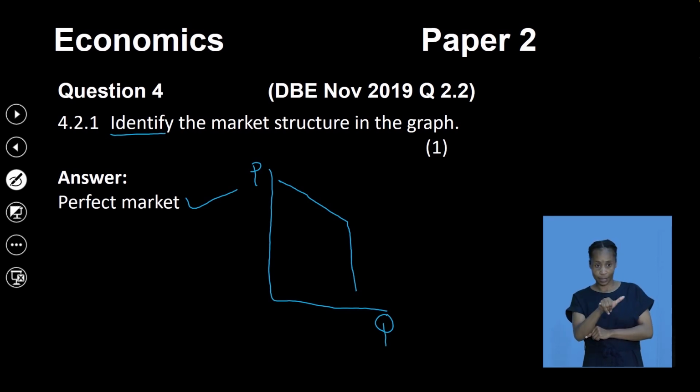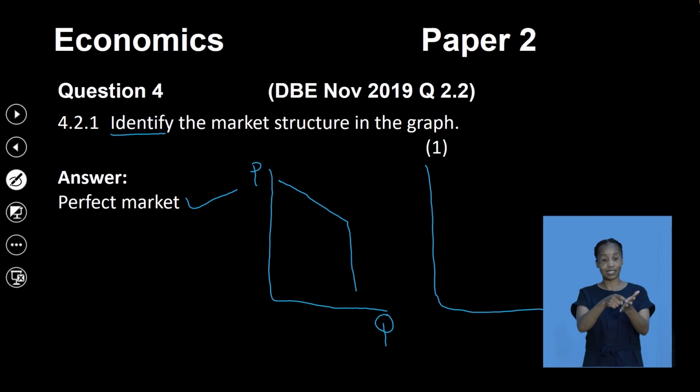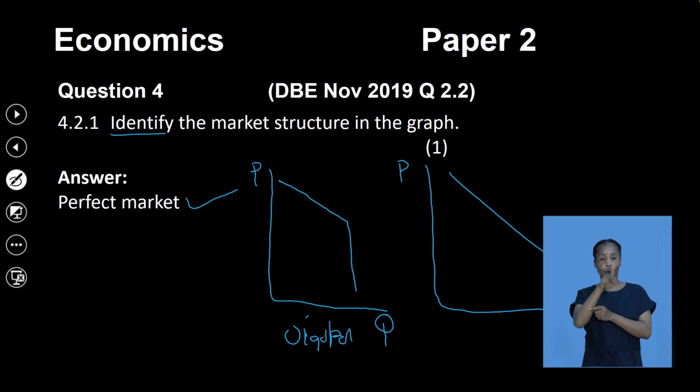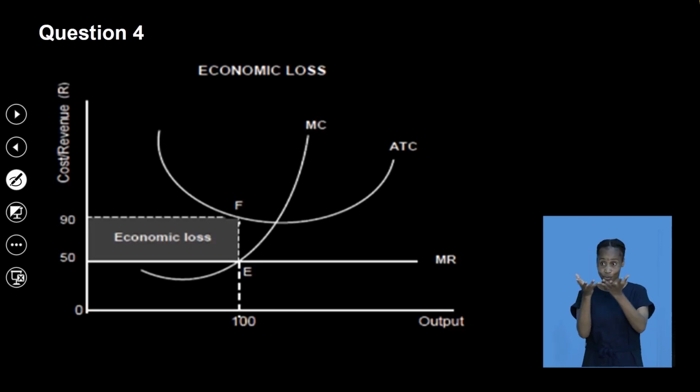And if you are given a demand curve like this, then you would know that this is a monopoly because of the nature of the demand curve. The demand curve of a monopoly is downward sloping, and this is oligopoly, and then this is monopoly. That's how you identify your market structures. Just keep that in mind, in case you come across such a question in the exam.